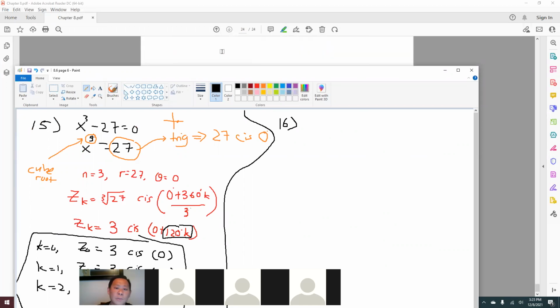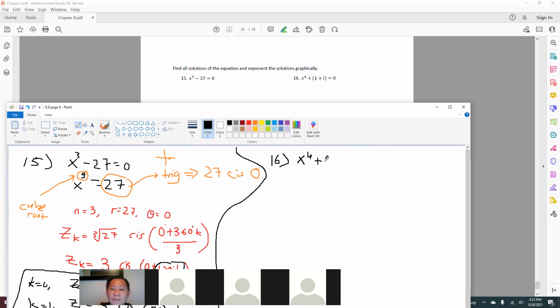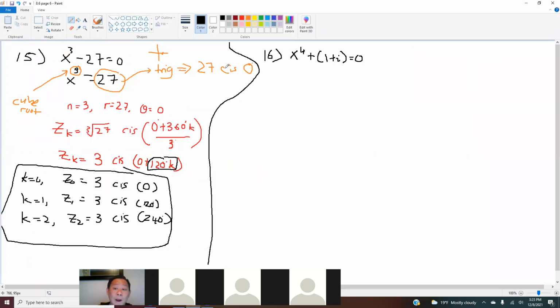The last question, number 16, is the same thing, but this time your answer is not as nice as 120 or all those numbers we just got, because if you translate this into trigonometric form, it is not on the x or y axis.